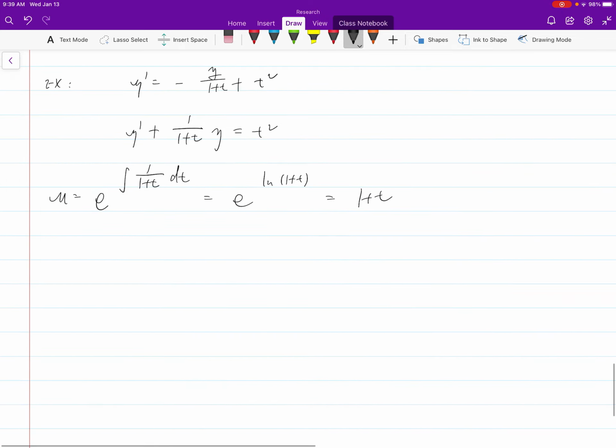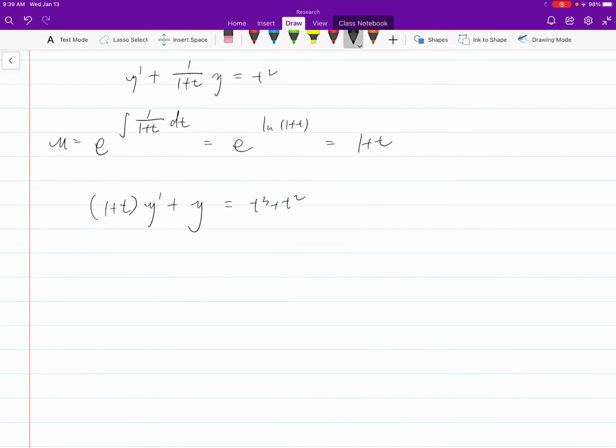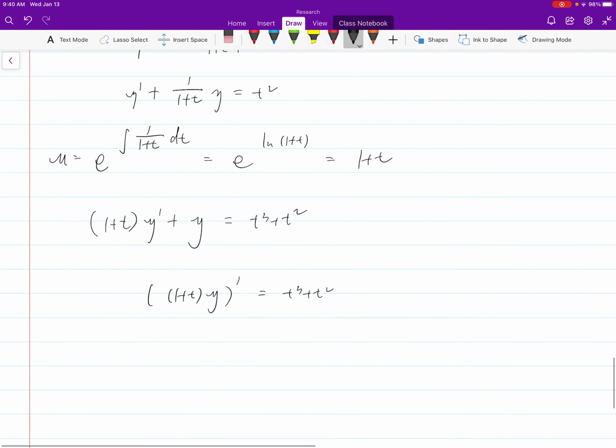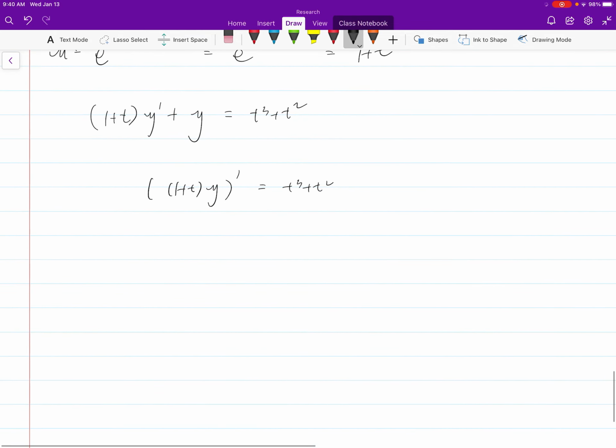Okay, then times 1 plus t. Cancel. Now check, do you have the derivative of this is actually the derivative here, which is 1? The answer is yes. Therefore, we do have a product rule. The next thing is just try to do the integral.